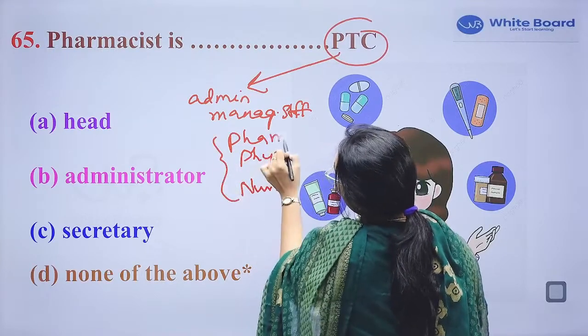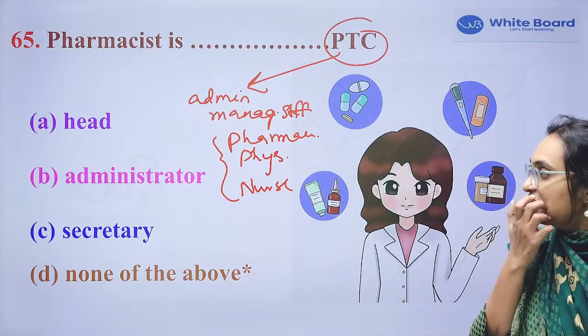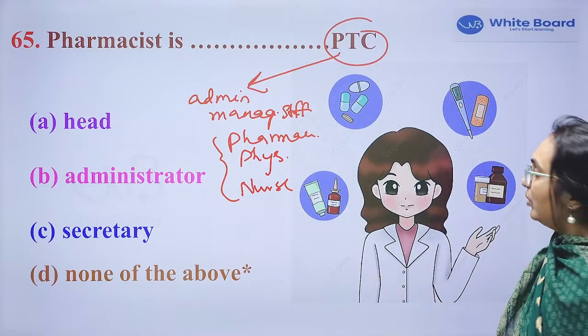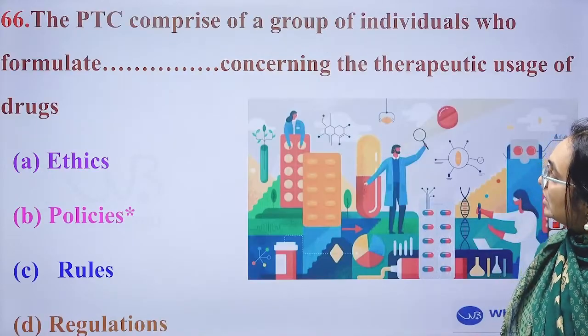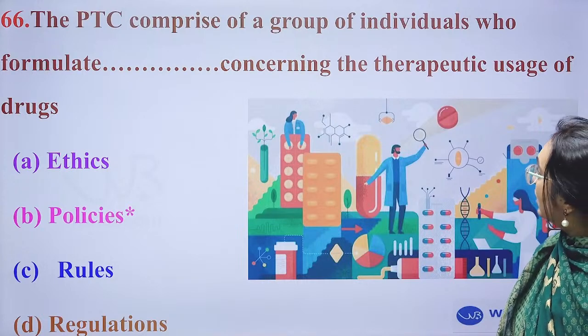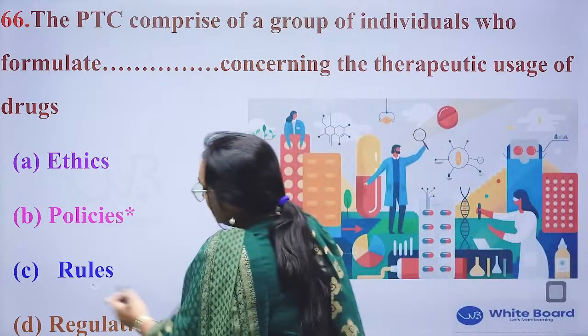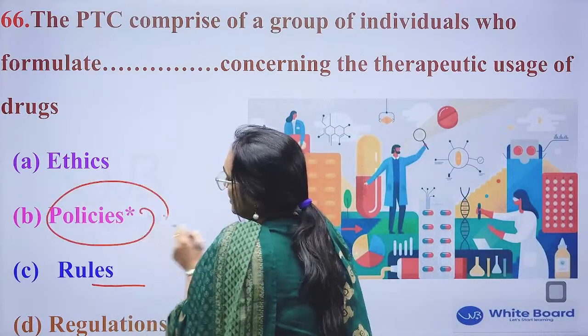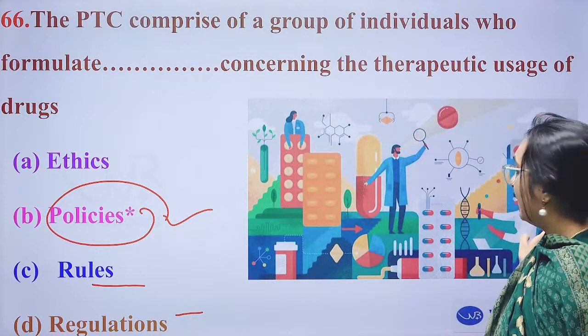So, here there is no such role. So, not a head, administrator, secretary, none of the above. 65 option is D. Next, the PTC comprises a group of individuals who formulate policies concerning the therapeutic usage of drugs, ethics, rules, regulations. So, they will make policies. PTC makes the policies. So, 66 option is B.